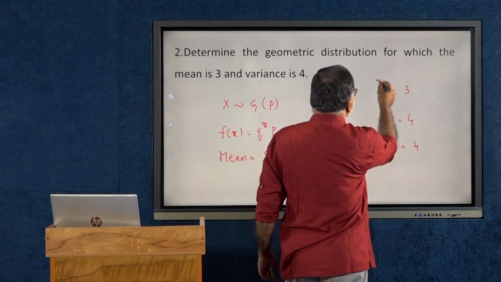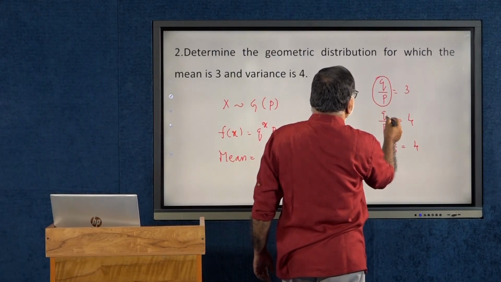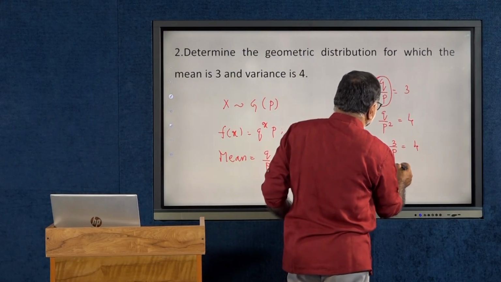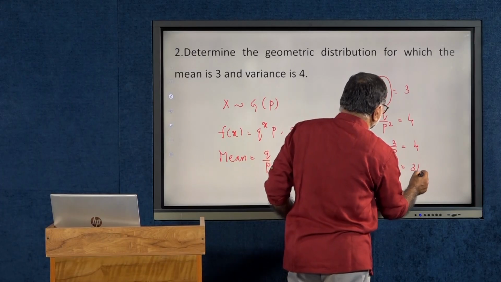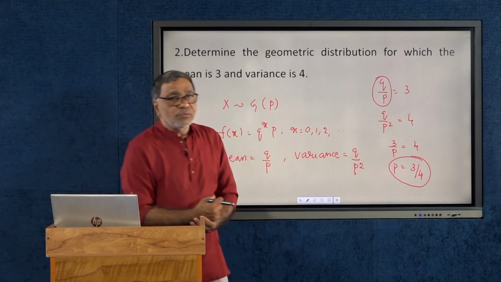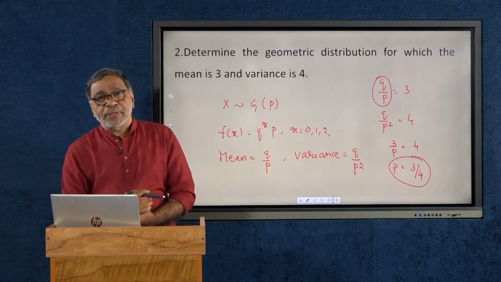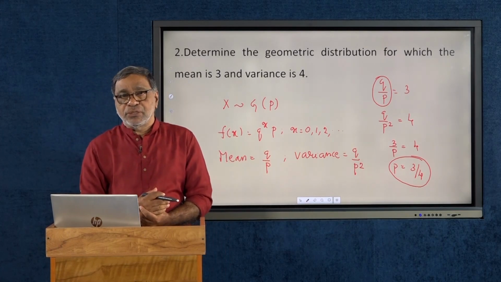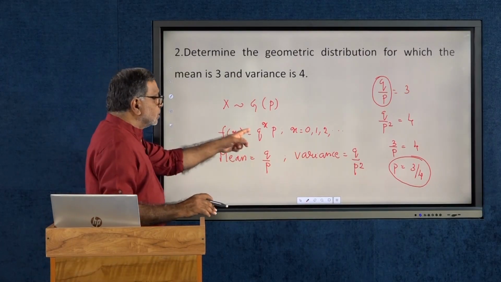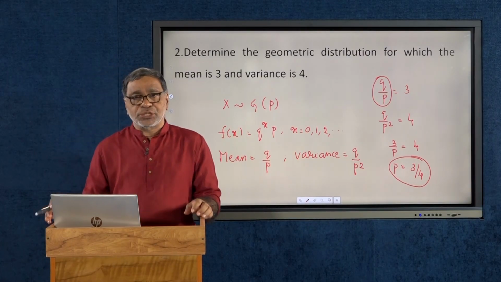Substituting q divided by p here, it is q divided by p into 1 by p, that is p is equal to 3 by 4. So, that is the way of finding the parameter of the distribution, if we are assuming x is a geometric distribution with this type of probability mass function.